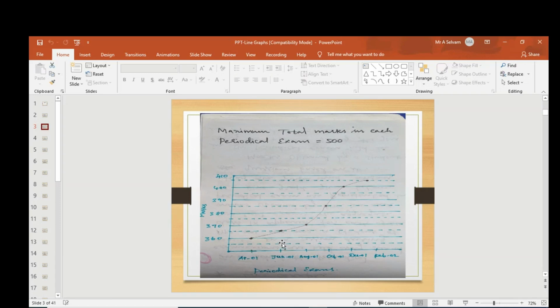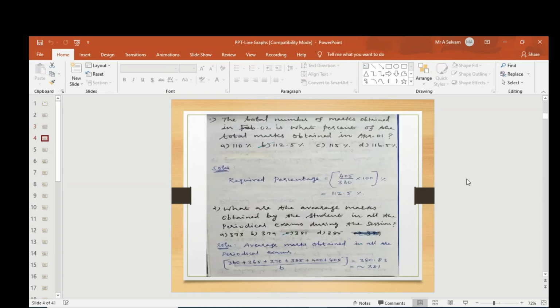June 2001, 365. August 2001, 370, October 2001, 385, then December 2001, 400, then February 2002, it will be 405. This is for your understanding purpose only.